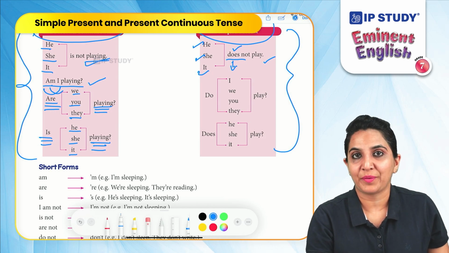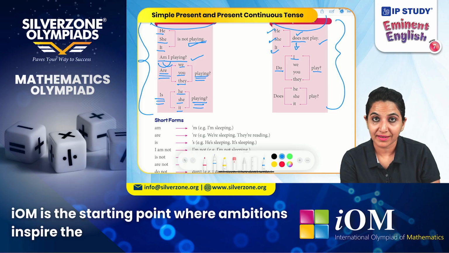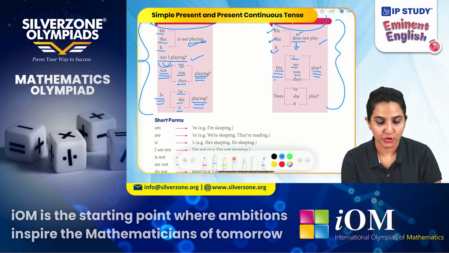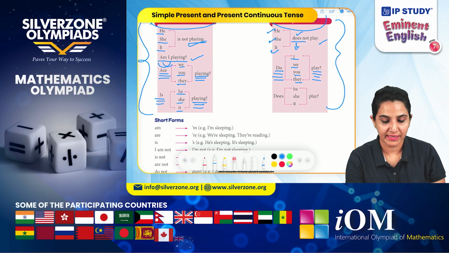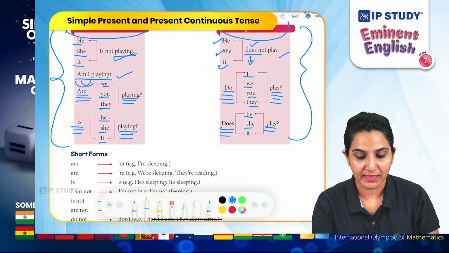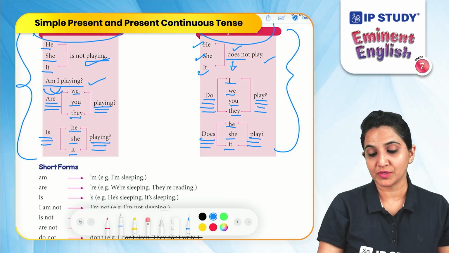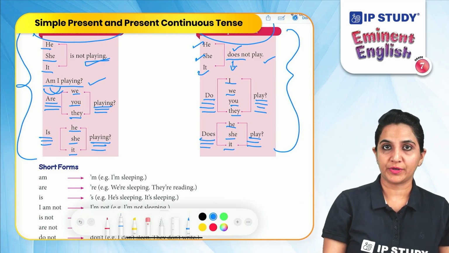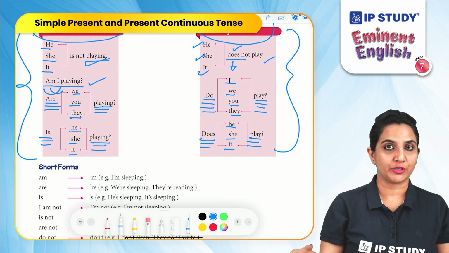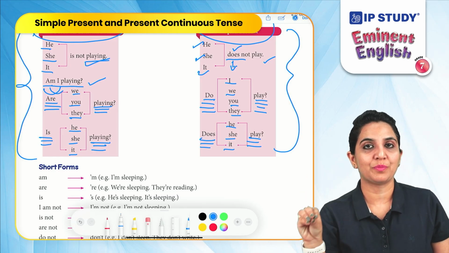So the question becomes, very good, do I play? Do we play? Do you play? Do they play? Similarly, does he play? Does she play? Does it play? So always remember, with the first person, singular or plural, we will use do, and with he, she, it, we will use does. So that's how you make questions out of simple present tense.